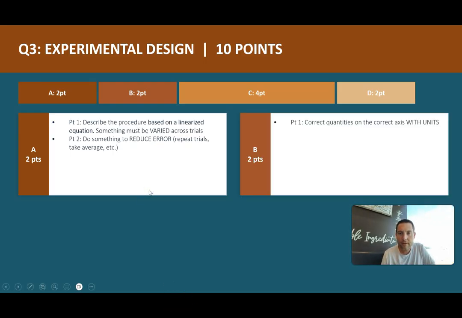Part B, 2 points again. This time we're going to continue on our experiment. You get the first point for saying which quantities should be on the axes. So the question is going to say which quantities go on the y-axis, or the vertical axis, and the horizontal axis to produce a graph that can be used to calculate this whatever.